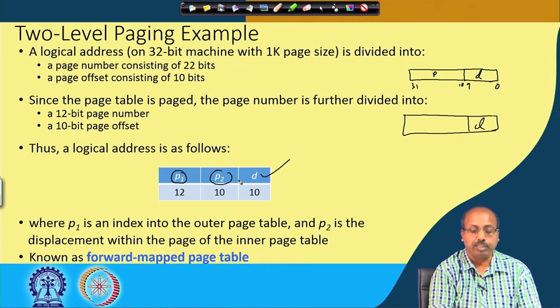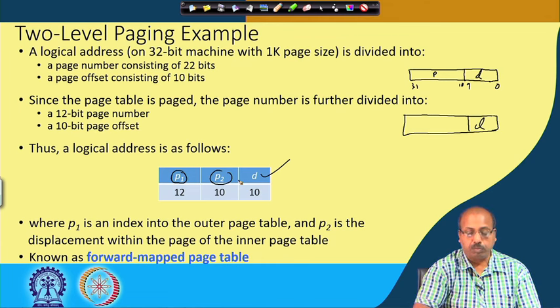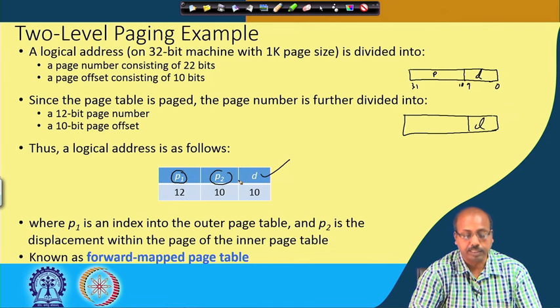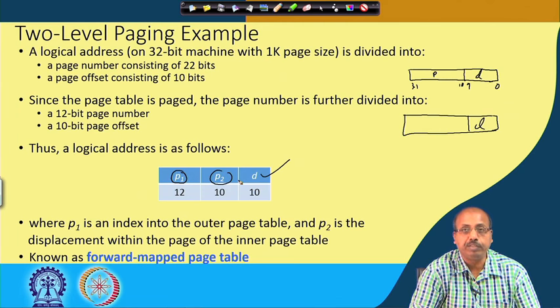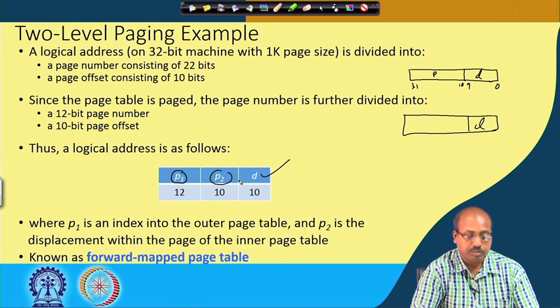If we assume that each page table has 2 power 10 entries in it, then it is going to have a structure like this. So, the overall 22 bits are further divided into 12 bits for the outer page table and 10 bits for the inner page table. This type of page table structure is known as a forward mapped page table.